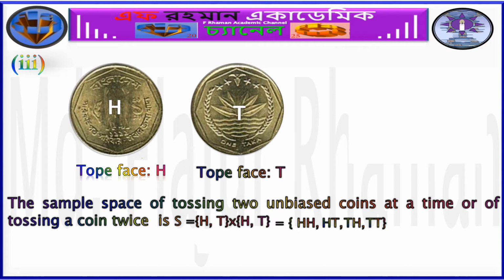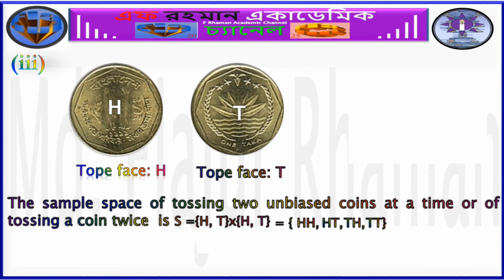However, the number of sample points is always an exponential number whose base is the number of faces and exponent is the number of tossings. That's why, without determining the sample space, we can easily write the number of sample points. For example, if the coin is tossed thrice, then the number of sample points will be 2 cube, equal to 8.